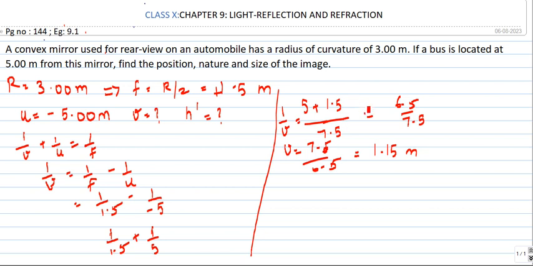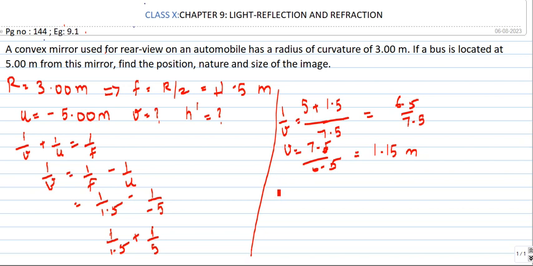When the image distance is positive, what we understand is the image is formed behind the mirror. So it is a virtual image. This is 1.15 meters behind the mirror, and a virtual image is formed. The image of the bus is formed in the mirror, which is behind the mirror.